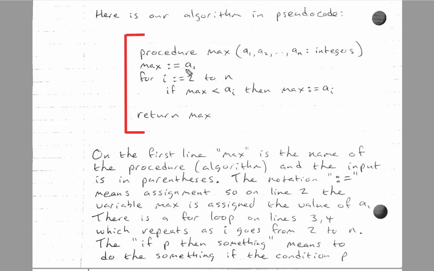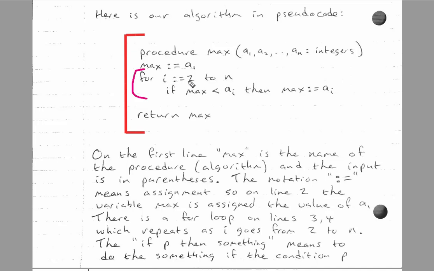Okay, so now max is storing the first number in the list. Here we have a for loop, which is one type of loop construction. There's a variable i.